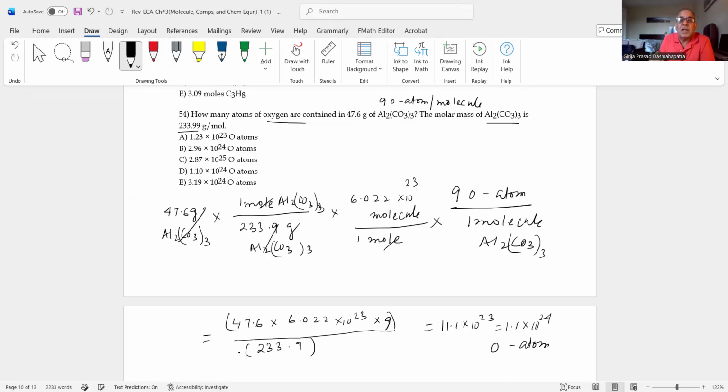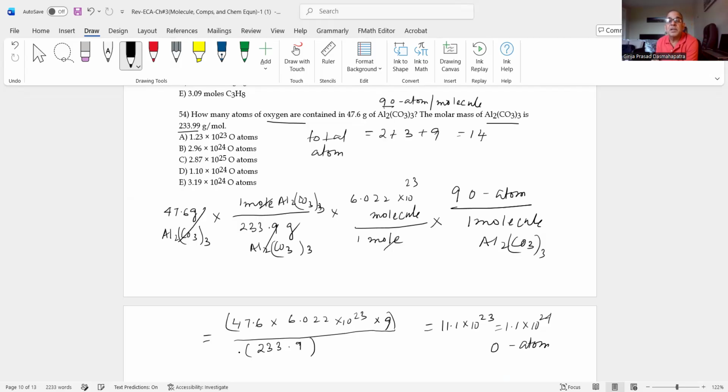For example, here, we are asking only for the number of oxygen atoms. But in some problems they may ask how many total atoms there are. So in that case, instead of counting 9, you will count the total atoms in that molecule. How many total atoms are there? Look at it, 2 aluminum, 3 carbon, and 9 oxygen. So it will be 9 plus 3, 12, plus 2, 14.